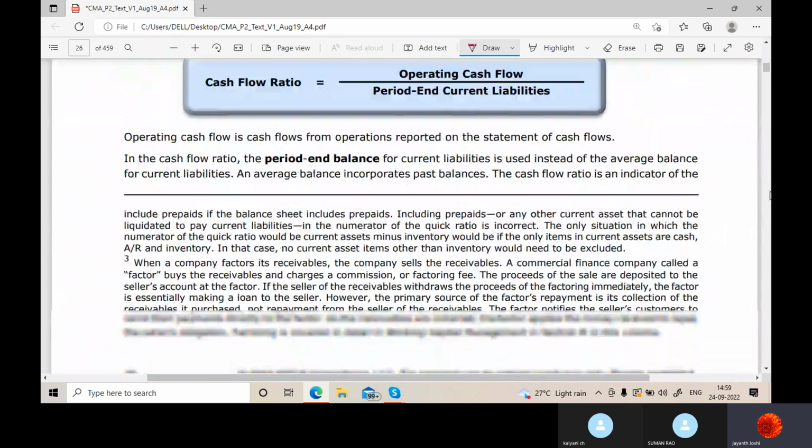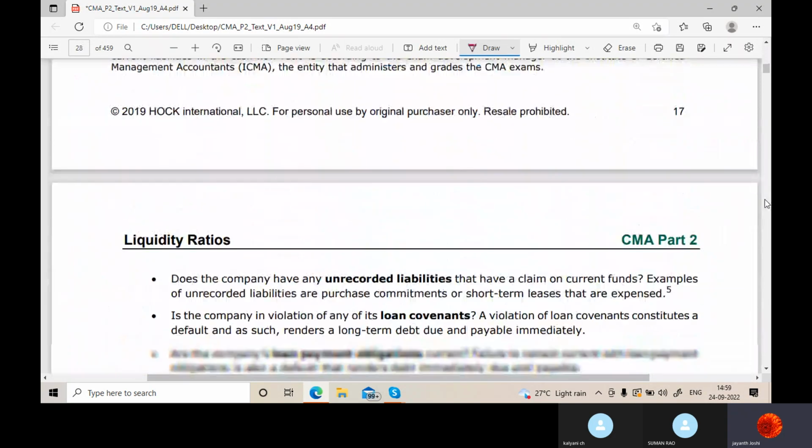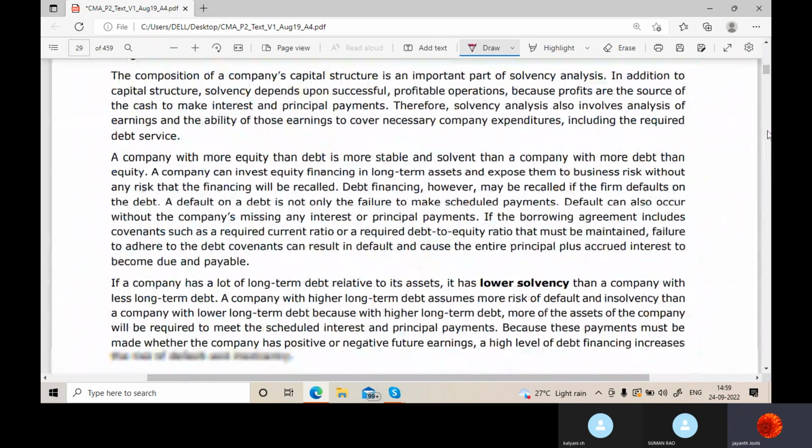Now, we are starting a new set of ratios today. We are discussing the profitability ratios.